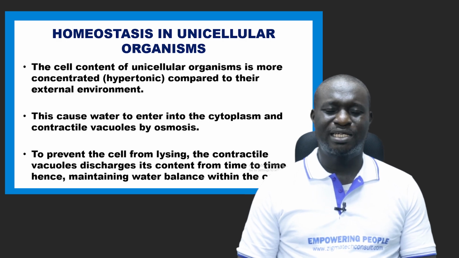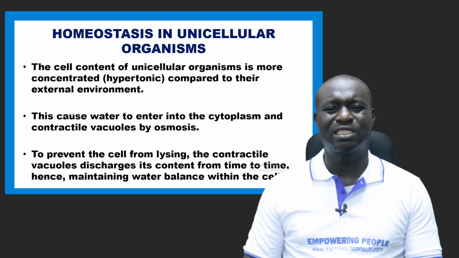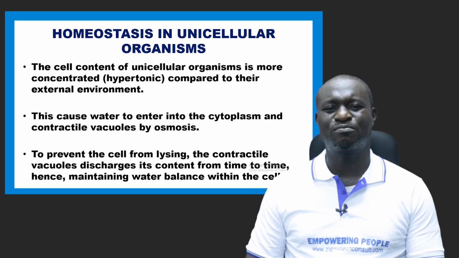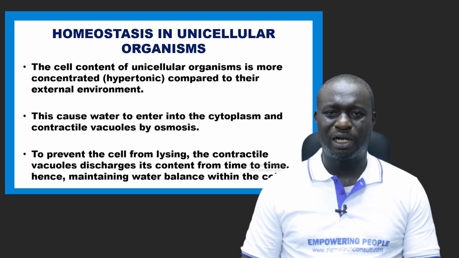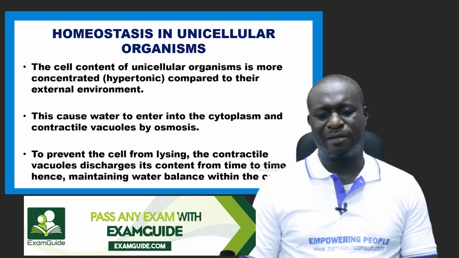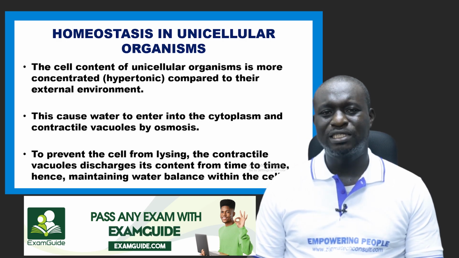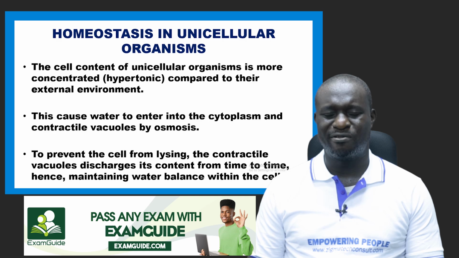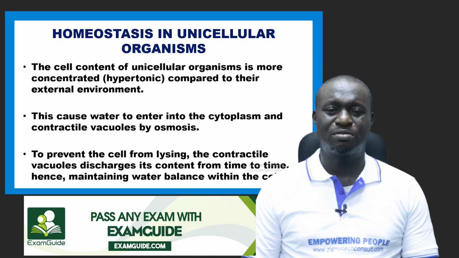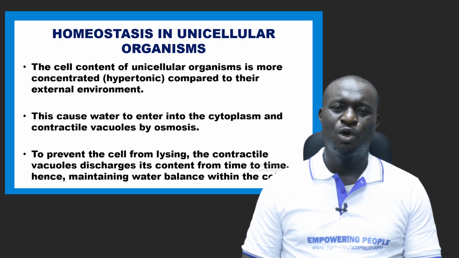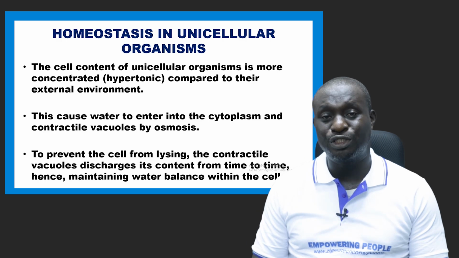Now, the cell content of unicellular organisms is always kept in a watery environment. Mostly when you're talking about the protozoa like amoeba, paramecium, euglena, and so on, they are always in a watery environment. And the cell content of these unicellular organisms is more concentrated when you compare it with their external environment, which is always watery.